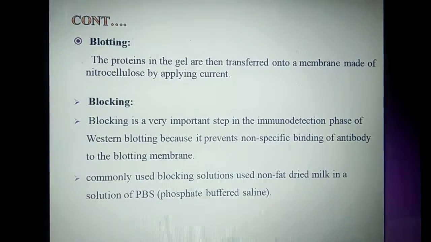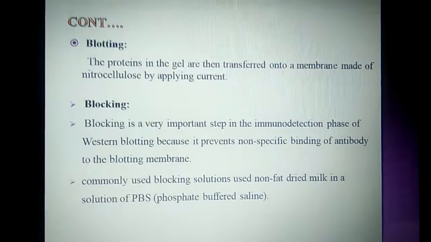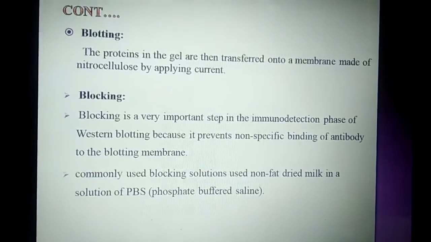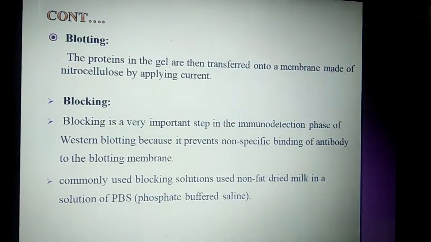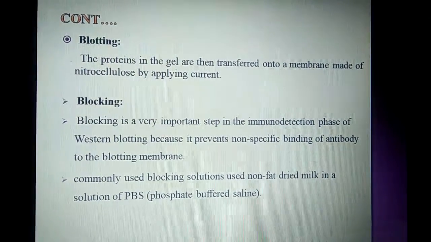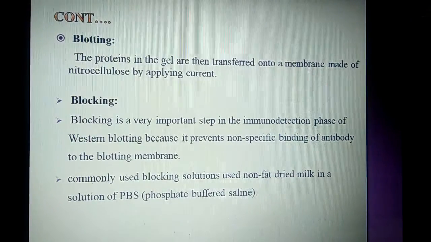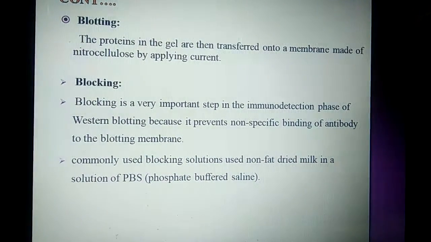Blocking is a very important step in the immunodetection phase of Western blot because it prevents non-specific binding of antibody to the blotting membrane. Commonly used blocking solutions are non-fat dried milk in a solution of phosphate buffered saline. Now, why is blocking important?